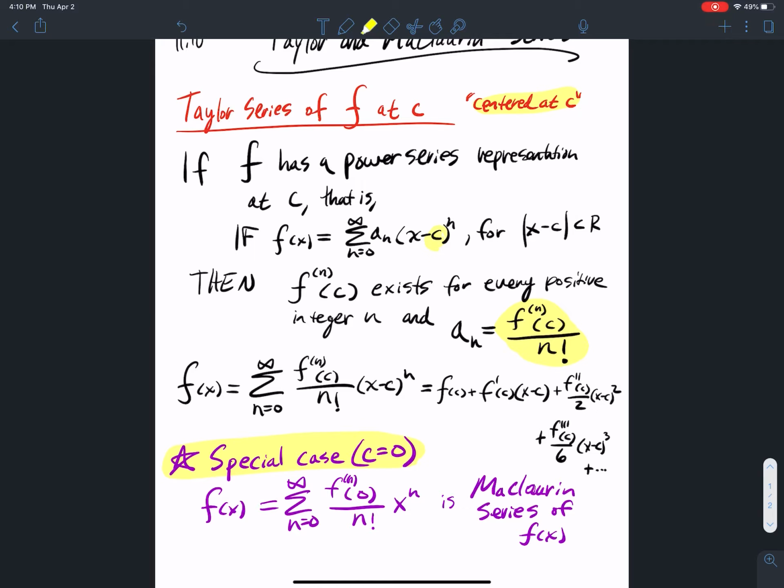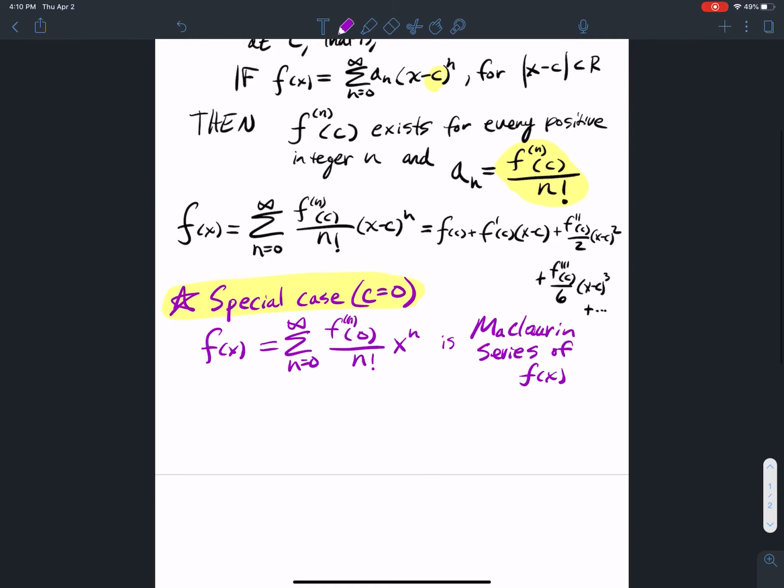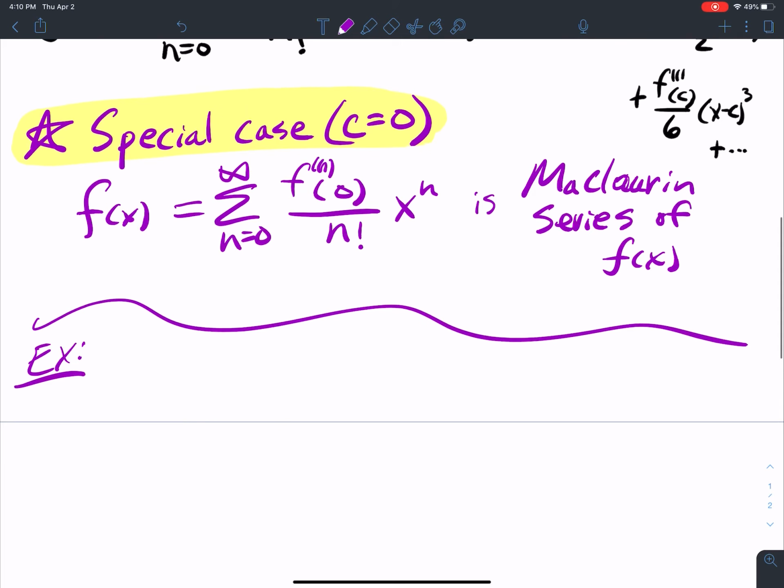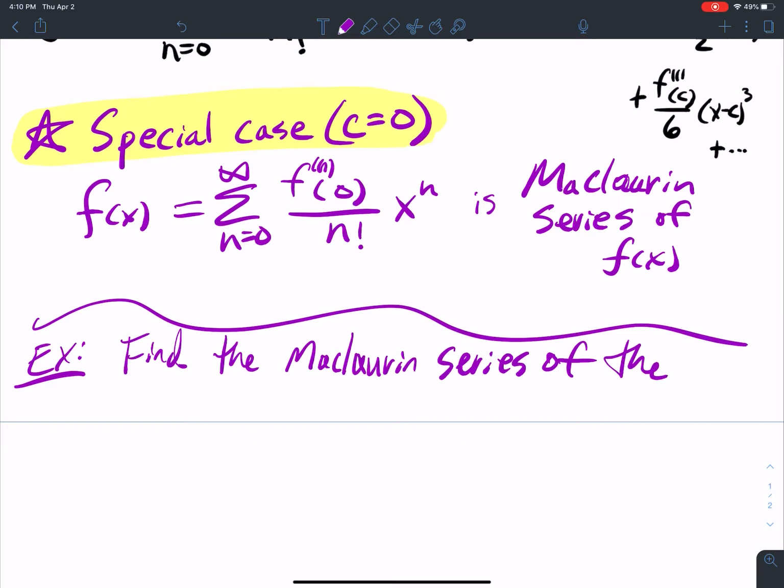So that's the theory. Let's show you the application here, how this is used. So let's start with the easier one, the Maclaurin series. So I want to find the Maclaurin series of the function f of x equals e to the x and the radius of convergence.